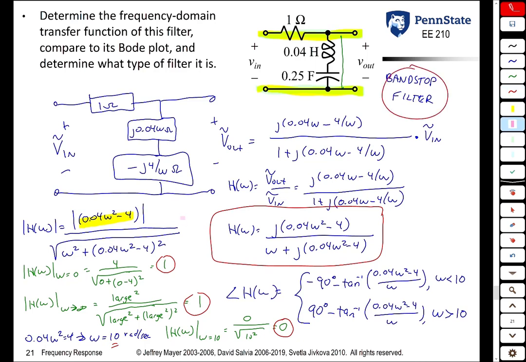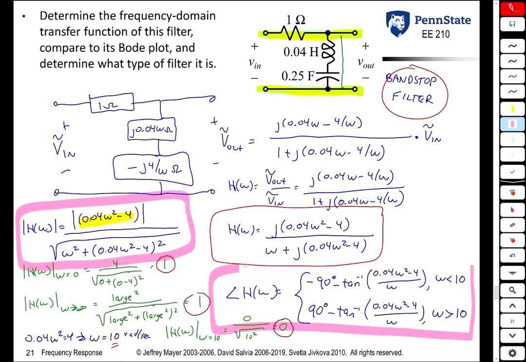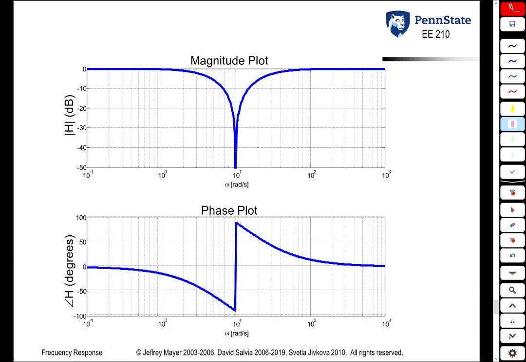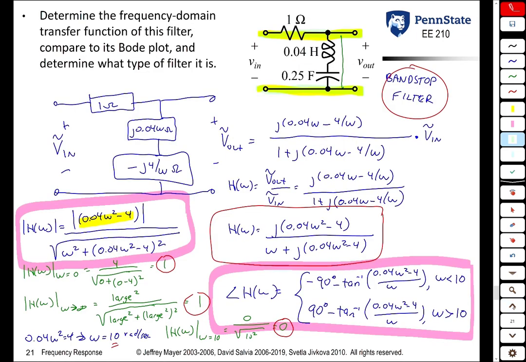And if we now plot this magnitude equation and this phase equation on a Bode plot, we see exactly that. We see that for low frequencies, we get a gain approximately equal to 0 dB. Likewise, for high frequencies, same thing. At some middle frequencies, all of a sudden, this number here gets very, very small, and in fact, at 10 radians per second, it gets 0.